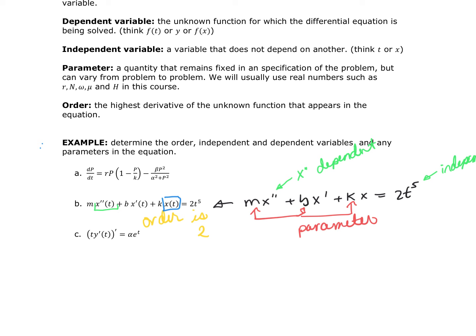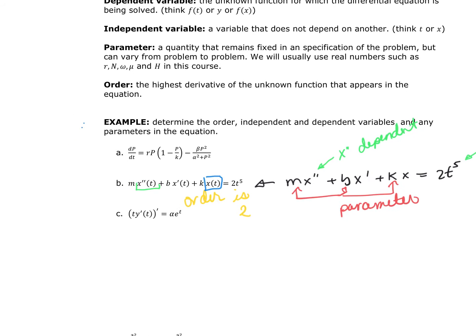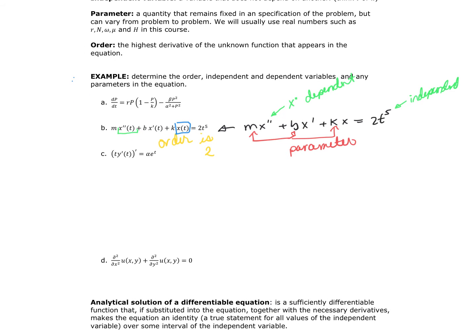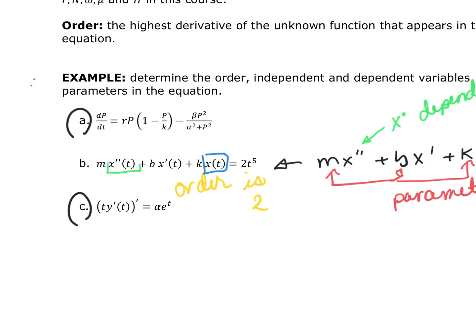All right, so I want you to work on these other three. I want you to take a look at A, C, and D, and pick apart what the order is, what the independent is, what the dependent is, and what the parameters are. I'm going to zoom back in so you can see these right here.